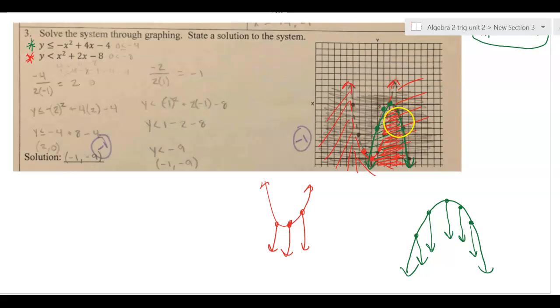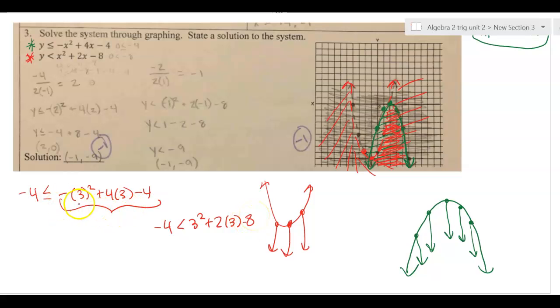Okay. If you're a little bit uncertain, you could test a point in there also. So like, let's say I pick 3, negative 4, that point's in there. And I can try it in each of the inequalities and see if it makes sense. And this would only be if you have extra time and you're feeling like something's just not right. So I'm double checking this because of the question that you asked.